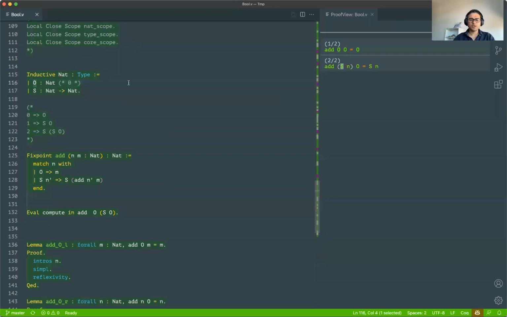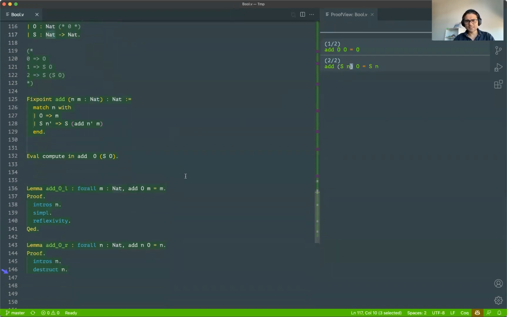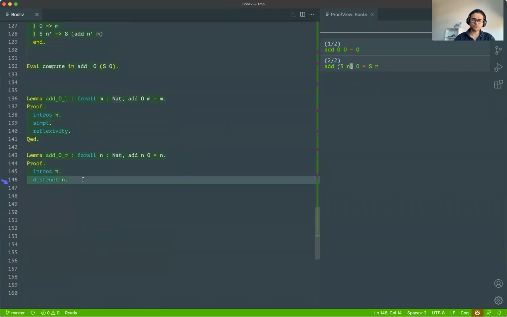See here, the only problem is that it's naming this thing as n. So if that's making you uncomfortable, you can say destruct n as, and then you call it n prime. Okay, and now you see that it renamed it.